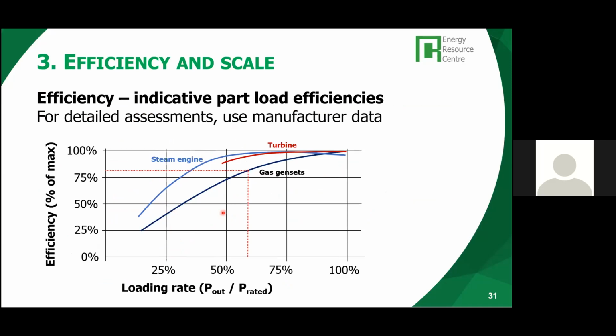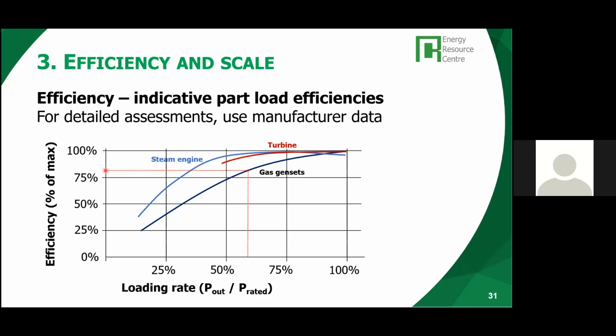However, if you're operating it at, let's say, 57%, which would be roughly here, then you could say that you have an actual efficiency which is somewhat below the maximum efficiency.